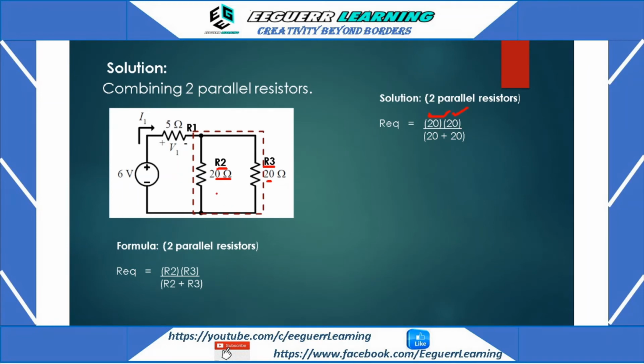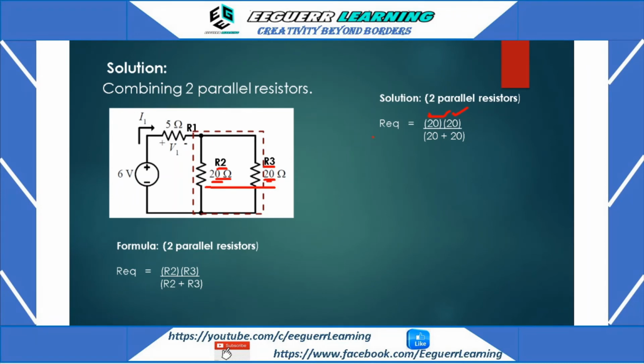So if we have two similar values for two or more resistors, the result will be just half of one resistor. Okay, so half of 20 will be just 10.